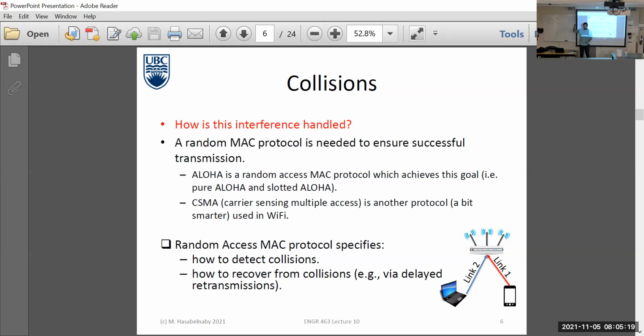So we have collision. We must be able at first to detect that we have collision. After that, we must recover from this collision. We must repair what happened in collision by retransmitting this data again.